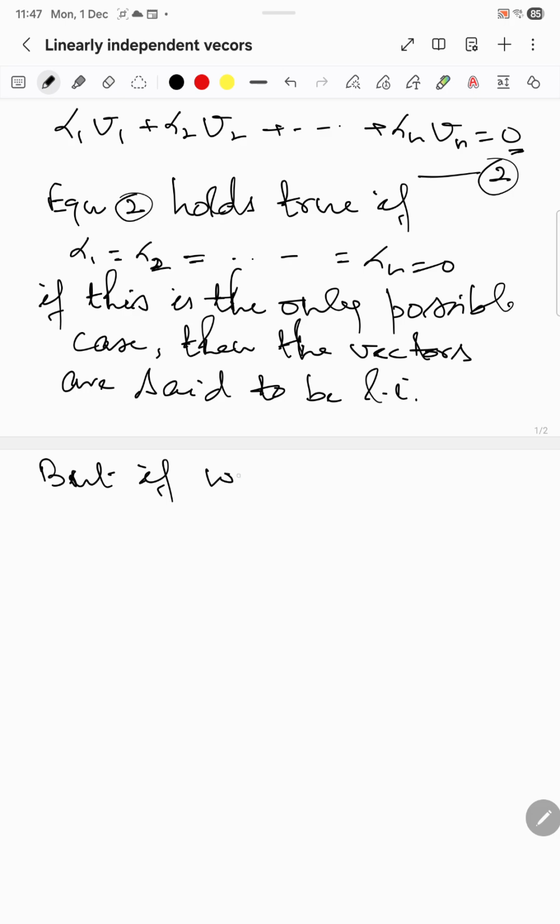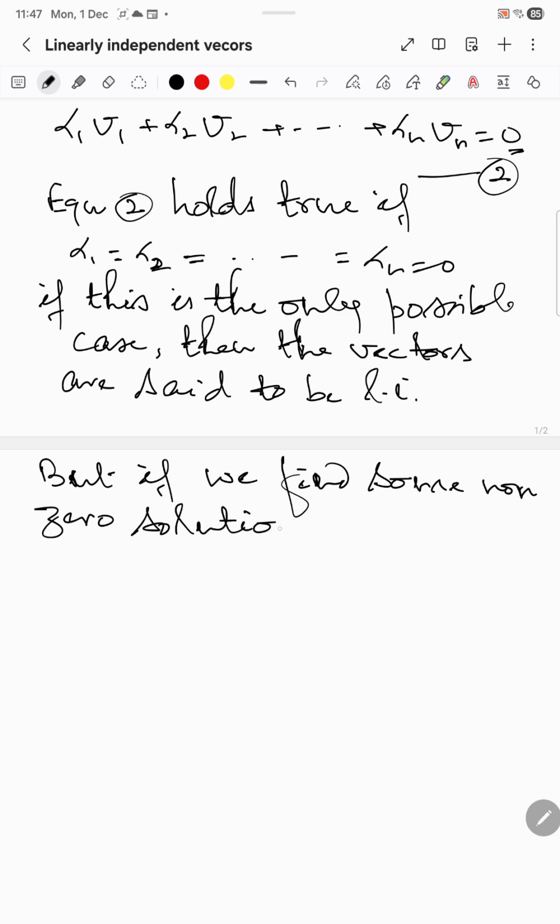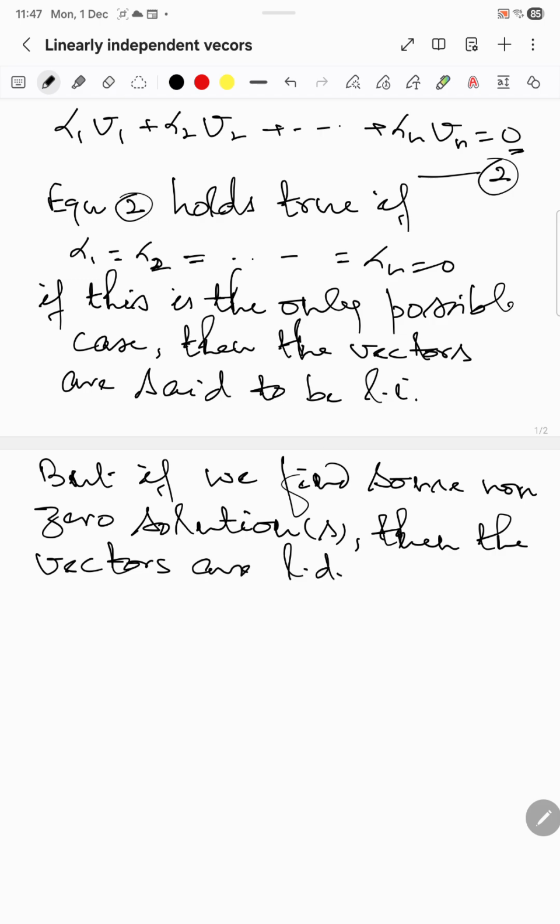But if we find some non-zero solutions, then the vectors are linearly dependent.